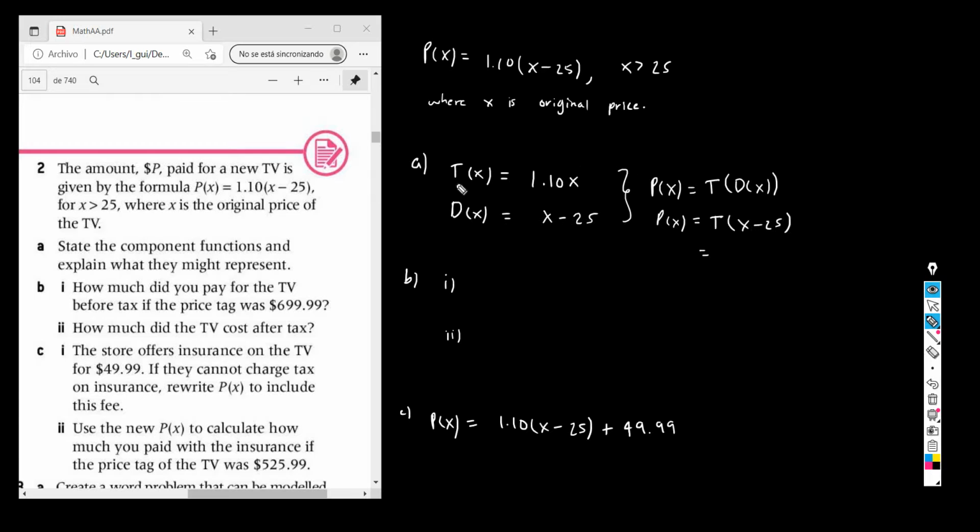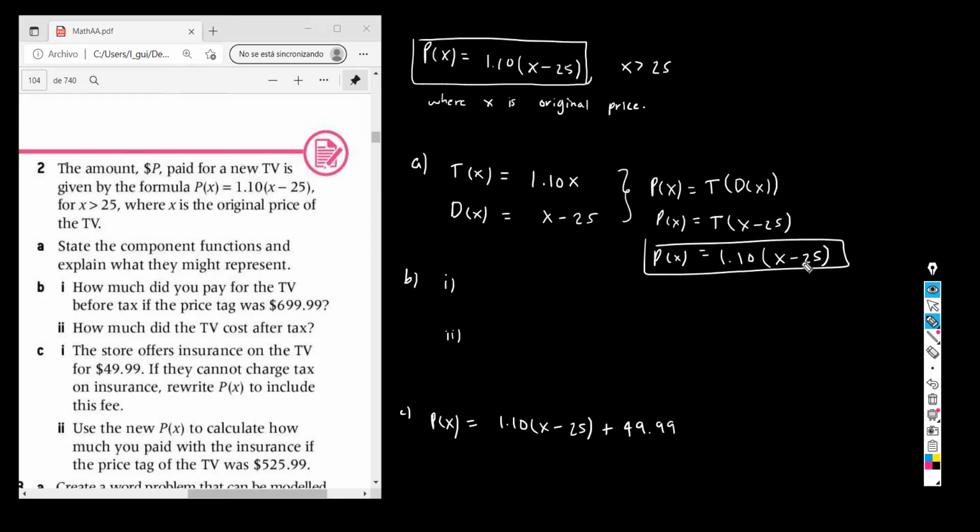Now all you have to do is evaluate t in x minus 25, and you're going to get 1.10 times x minus 25. And that's p of x, which is the same as this. So this is actually a composite function. It can be understood as a composition of t and d in that order.